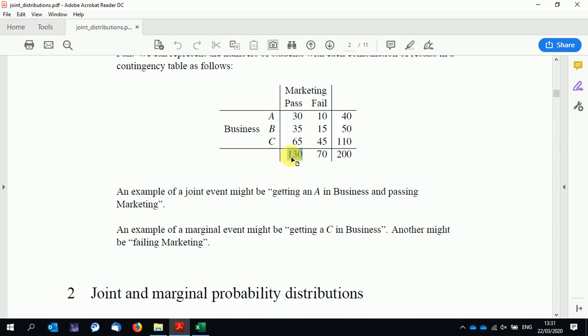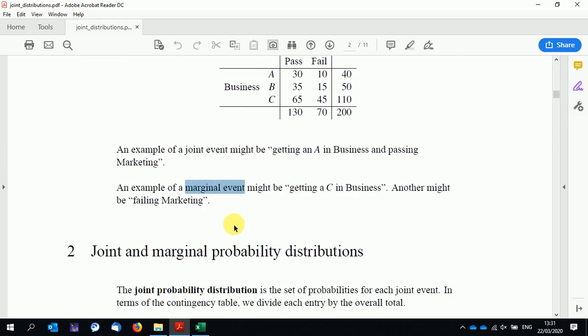So understand the difference between these six numbers here and the two sets of numbers, which is 130, 70, and 40, 50, 110. This would be the difference between joint event and marginal event.